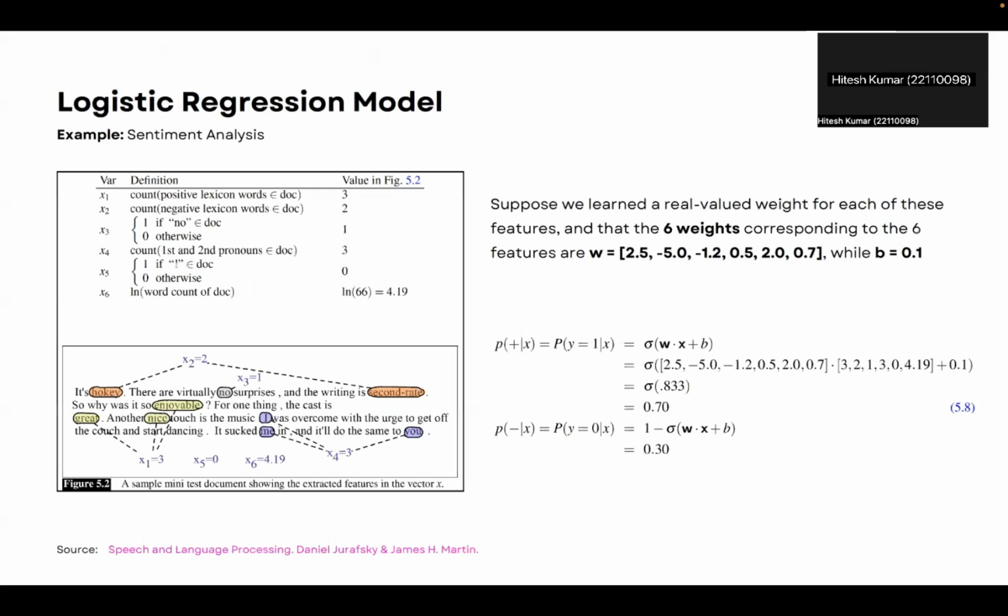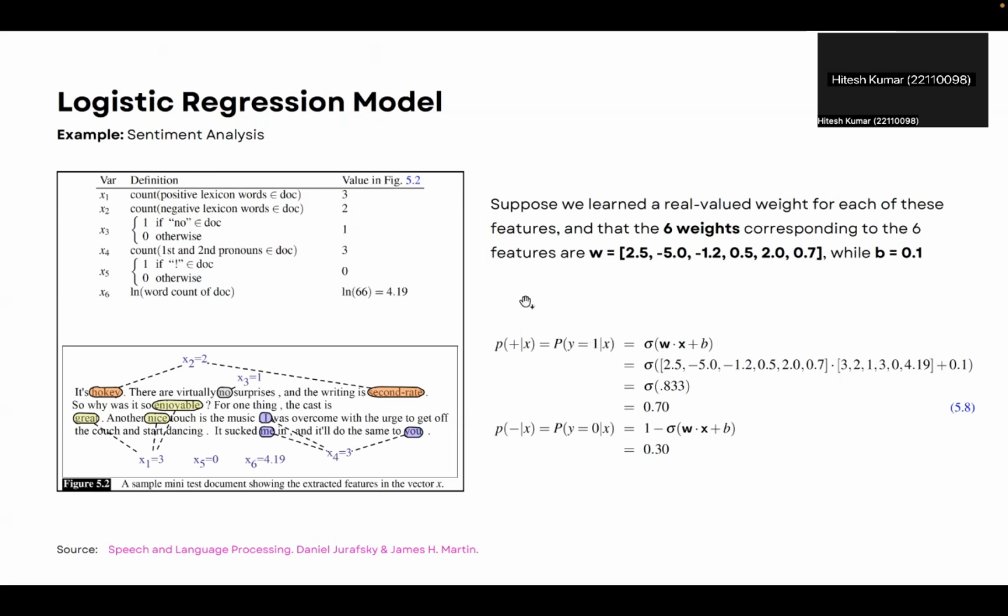Next. If you see an example, let's take a simple example where we have 6 weights. These are the 6 weights, and this is a single bias. These are the 6 variables in which we have used the count of positive lexicon and negative lexicon words, and these are the values.